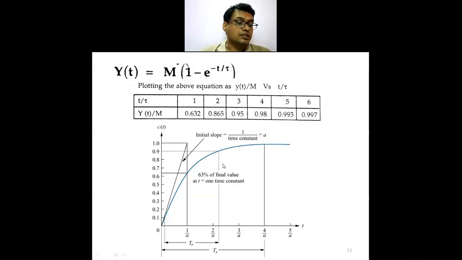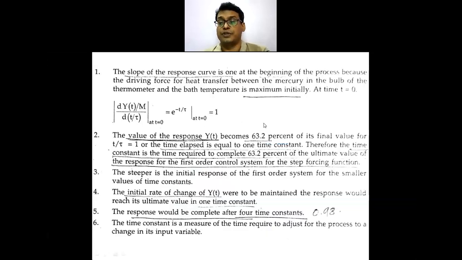So that is one thing. The steeper the initial slope, the higher the initial temperature gradients, and it decreases gradually, which is why it follows this curved path. Now the response is 98% complete after 4 time constants.